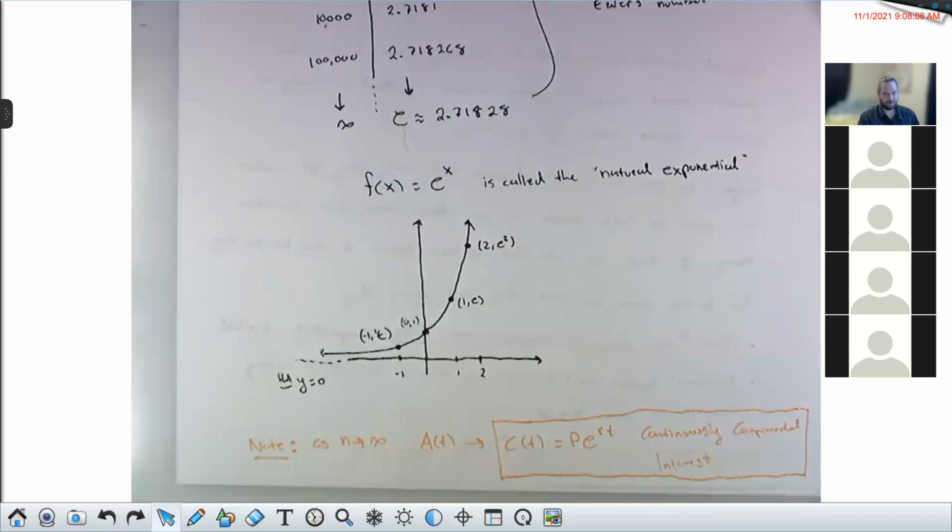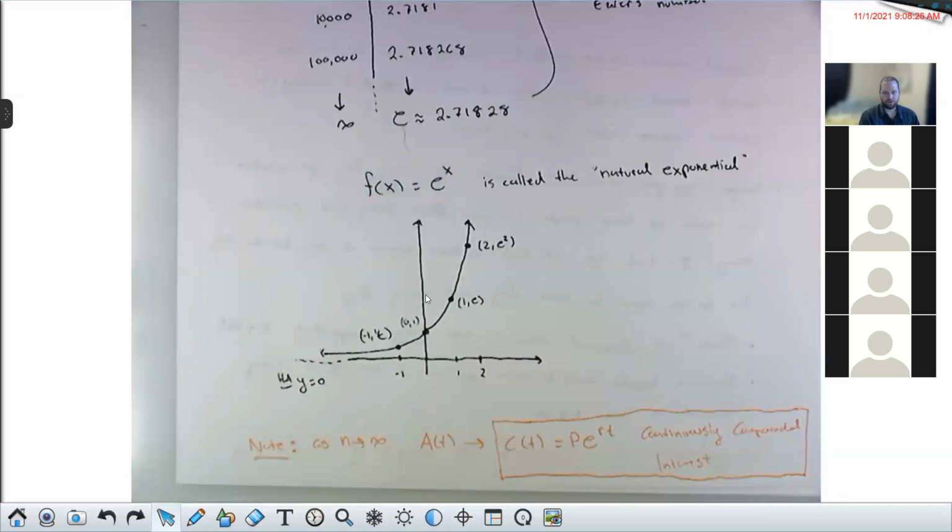I know it's weird. But yeah, this is intimately connected to calculus. Pretty much, I've never written a calculus test that doesn't have the number e on it somewhere. They all do. And when you talk about the two main calculus operations, which are integration and differentiation, this is like your fixed point.